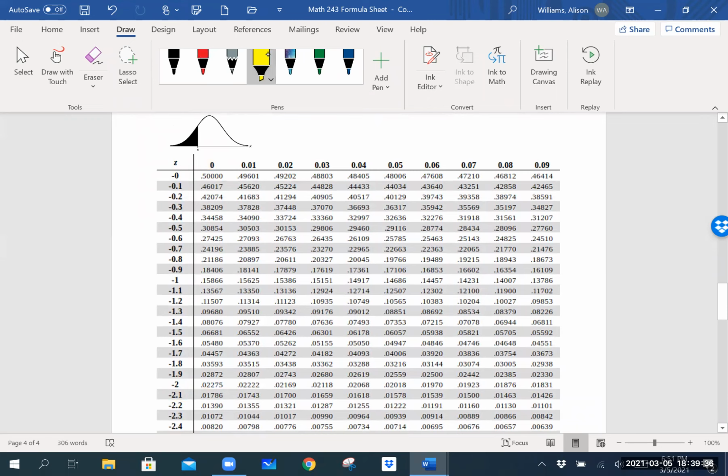Okay, so negative 1.2 is right there. Oops, a little big. Got a little enthusiastic there. There we go. And since there's no number in the second spot, we're at the 0. So that's going to be 0.11507.